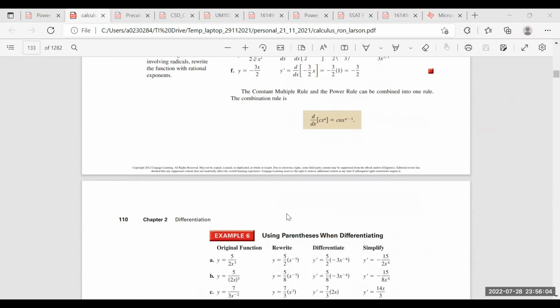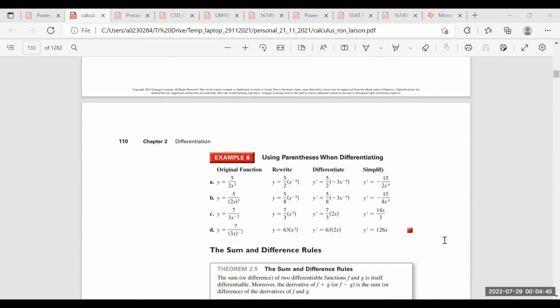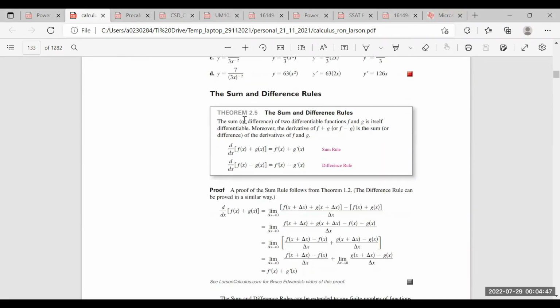There are quite a few problems here. Okay, so the next rule is the sum and difference rule. It states that if you have two differentiable functions, f of x and g of x, and you want to find the derivative of either their sum or their difference, it's as good as splitting it and finding their derivatives individually.